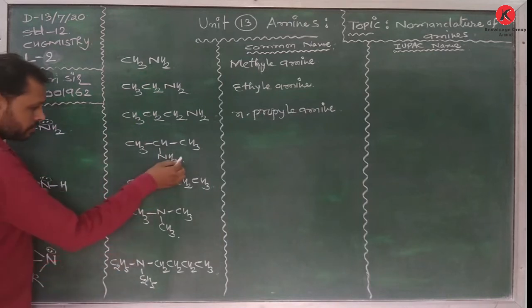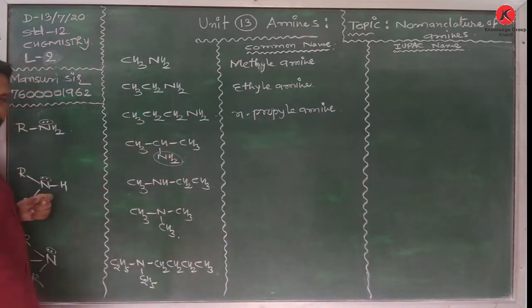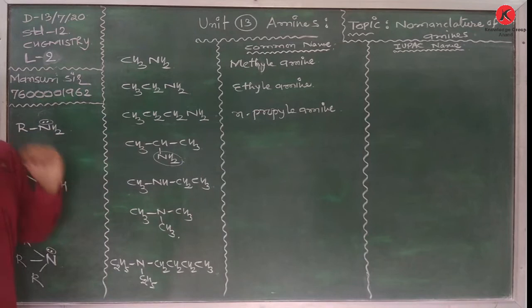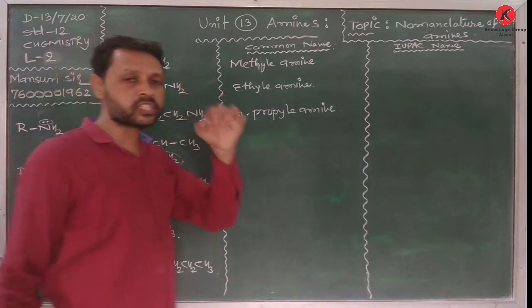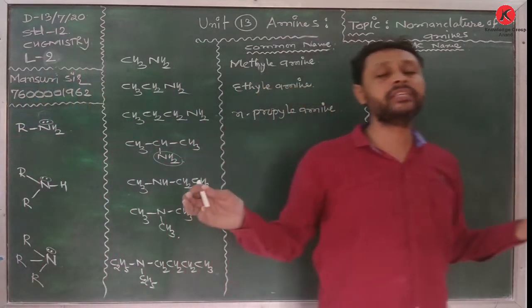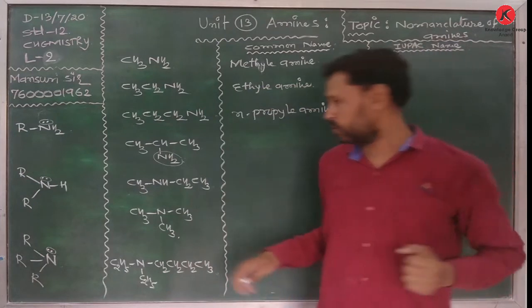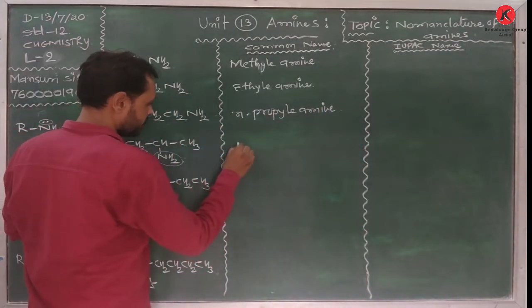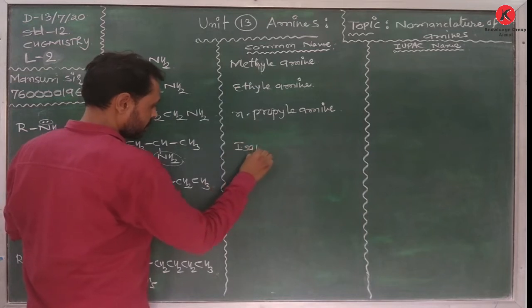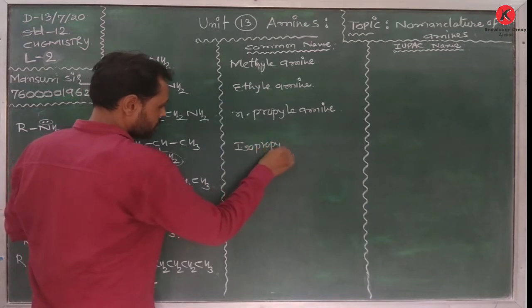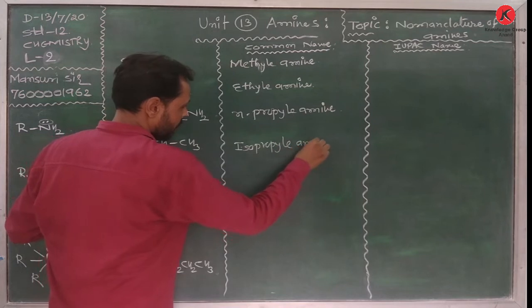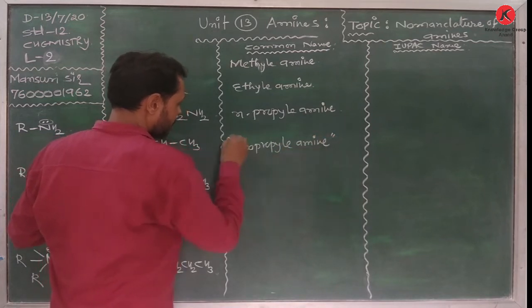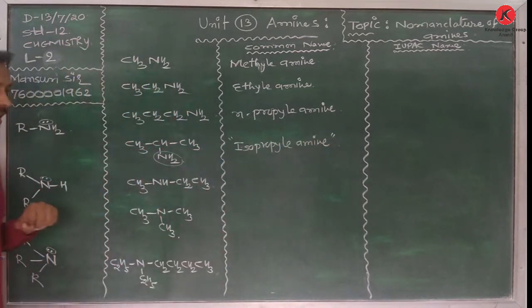Now here, 3 carbons are given and the amine is fixed on the 2nd carbon, that is why it is an isopropyl group. So here isopropyl amine is given. Clear?